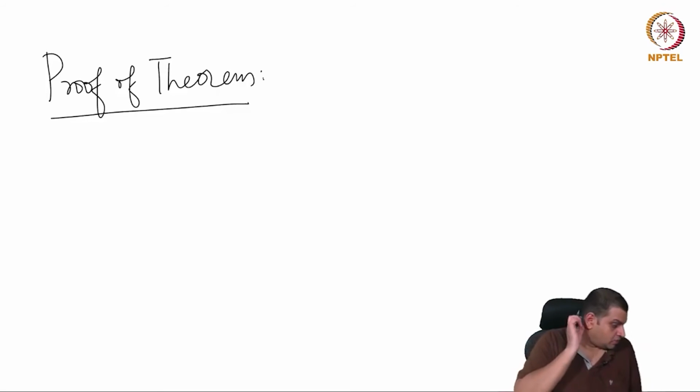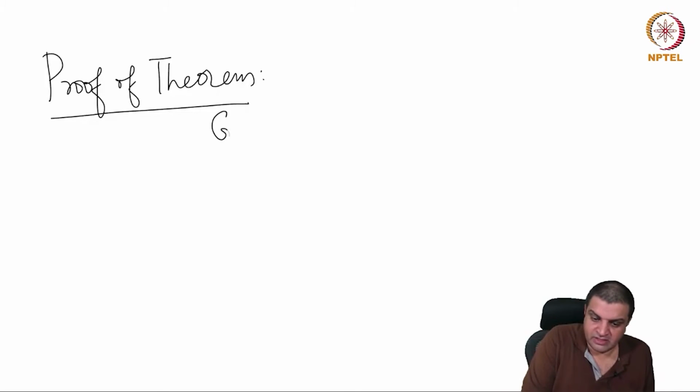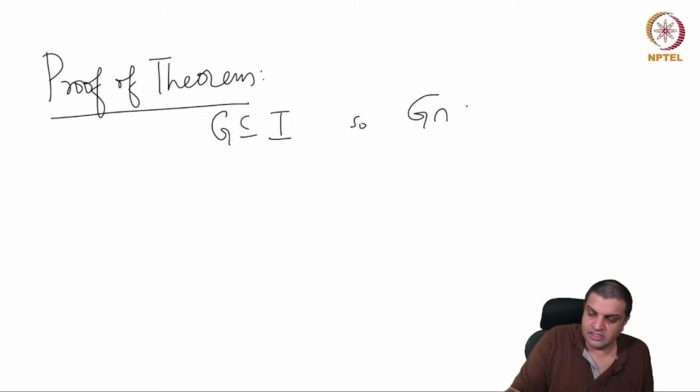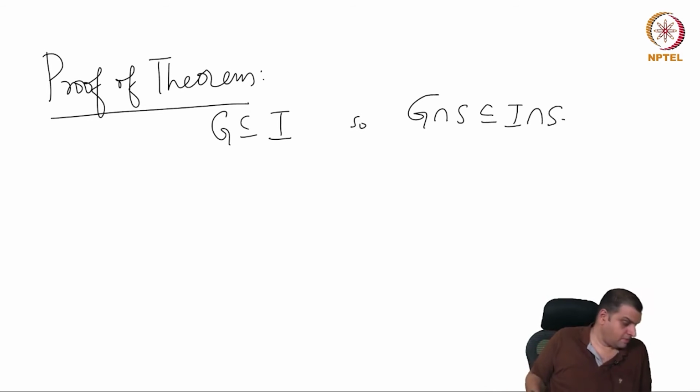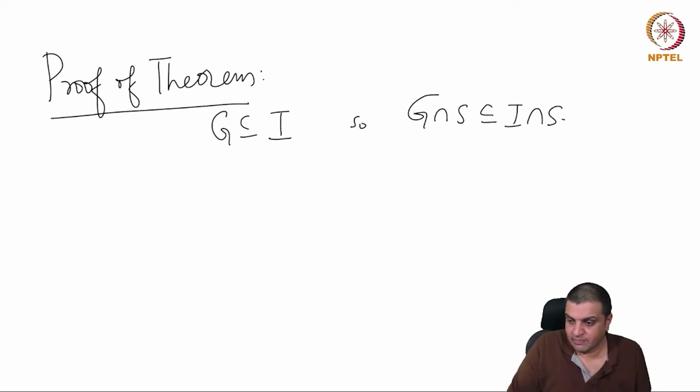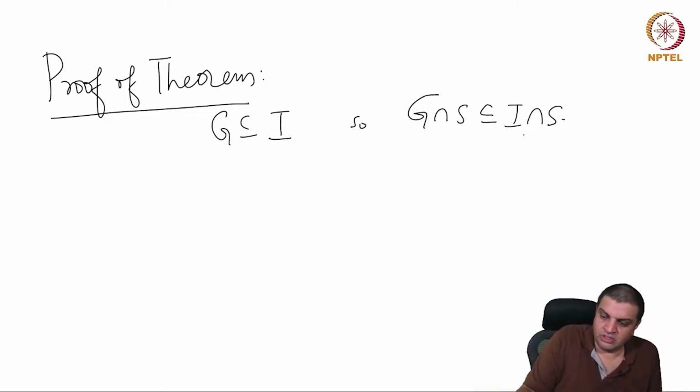Okay. So note that G is inside I, so G intersect S is inside I intersect S. We want to show that this is a generating set whose initial terms give the initial terms of the elements of that ideal.